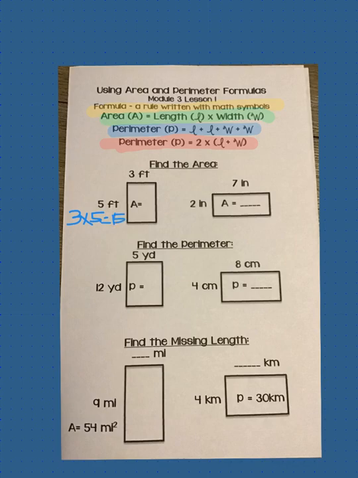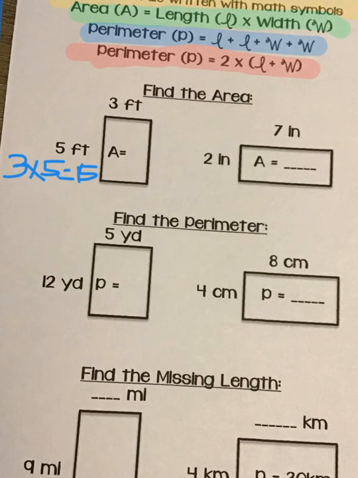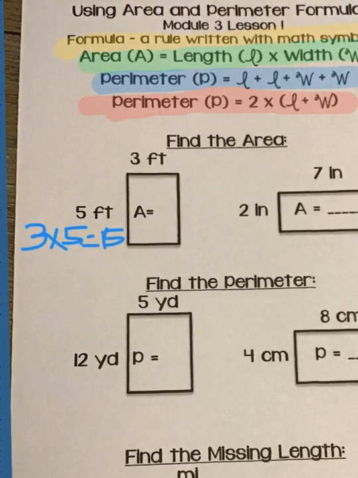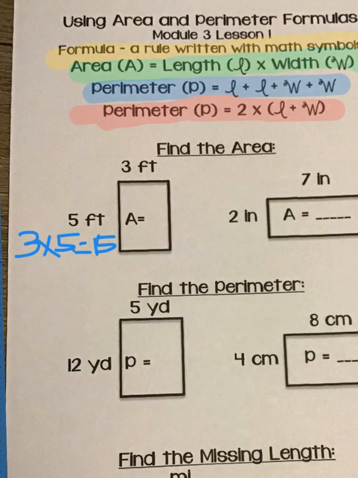So bear with me here because my finger is my pencil. I'm going to make this a little bit bigger so that I can write in here. All right. So I'm going to put 15 in here, but I'm also going to use feet.